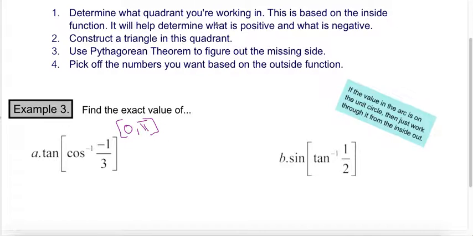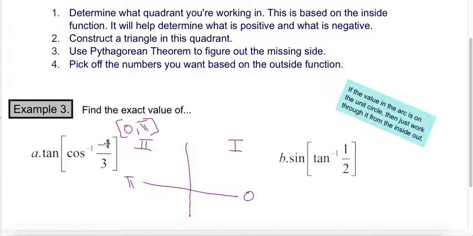So it's asking us what quadrant we're working in. Well, if I draw my unit circle, let's pretend that axis is straight, then I'm looking from 0 to pi, which means I'm only concerned with values in quadrants 1 and 2, right? But now I need to figure out what is positive and what is negative.